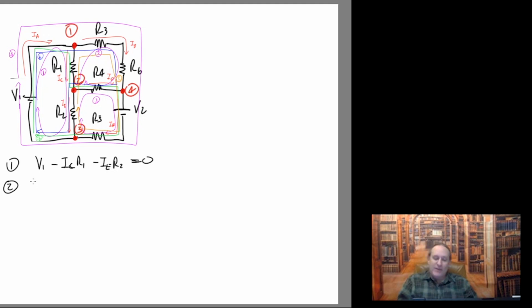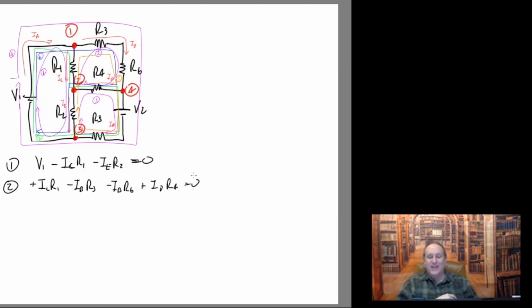Loop 2, we have a plus IC R1, and then a minus IB R3, and a minus IB R6, and then a plus ID R4.